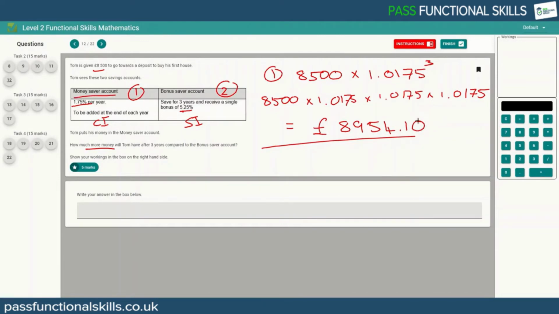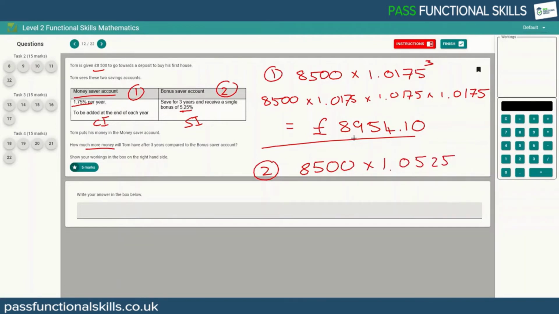Always remember to also add the 0 at the end when talking about money. So now moving on to the second calculation for the bonus saver account. This is simply a one-off lump sum paid at a slightly higher interest rate of 5.25%, but the calculation will simply be 8,500 times 0.0525.